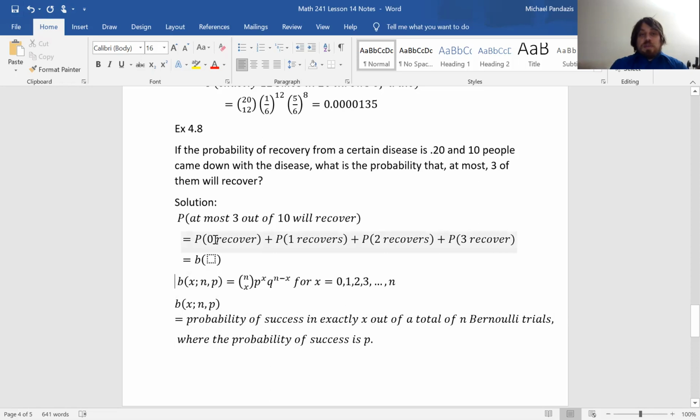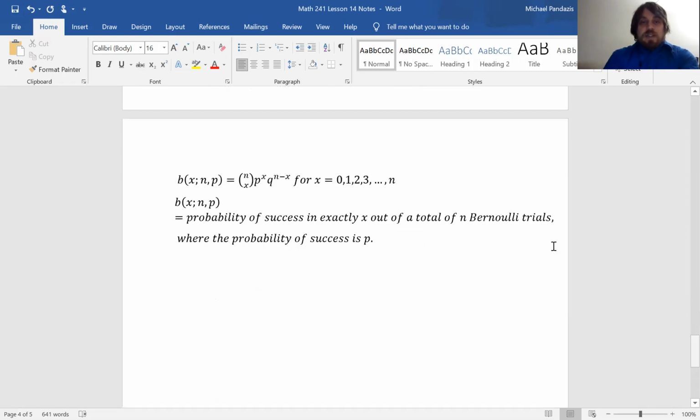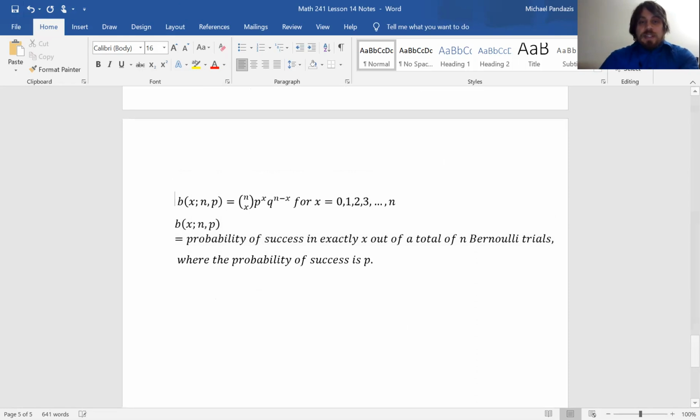Okay, so if 0 people recover, you have 10 Bernoulli trials, and I have 0 recover. Let's call this side work.